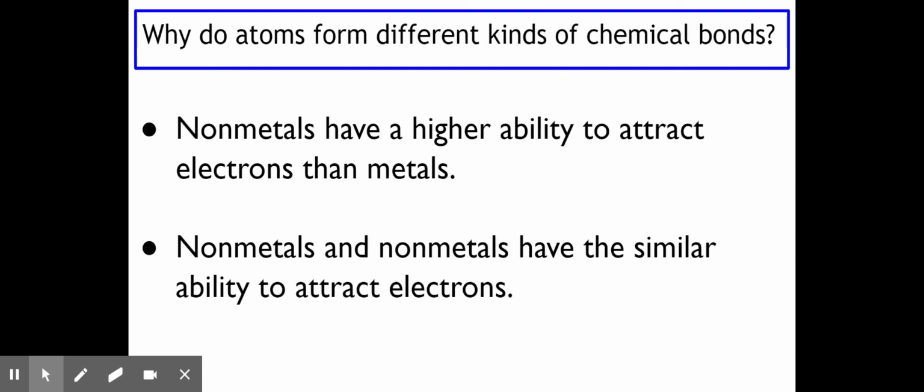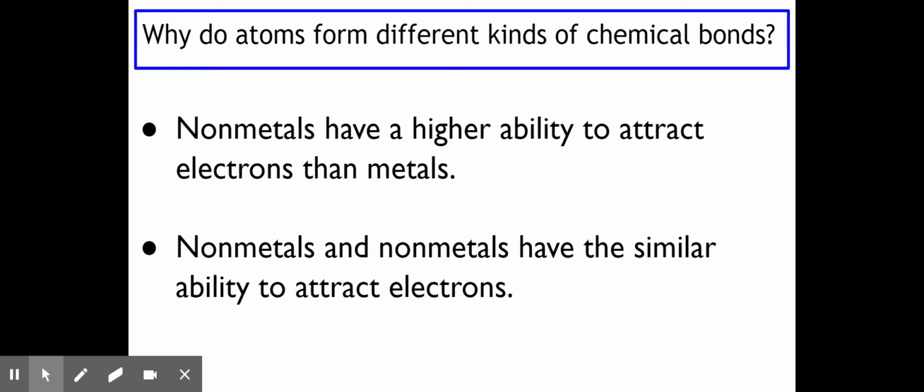Okay, so why do atoms form different kinds of chemical bonds? Why do metals and nonmetals form ionic bonds, and nonmetals form covalent bonds? We didn't really learn a deeper concept about this, but I do need you to understand this. It's really the ability to attract electrons.